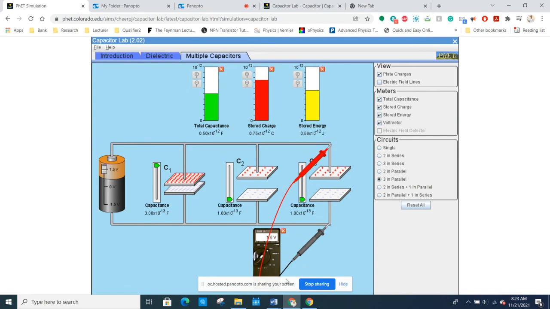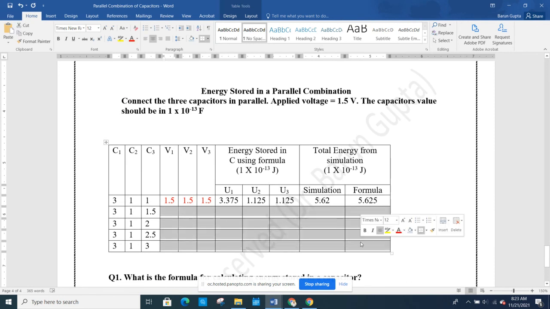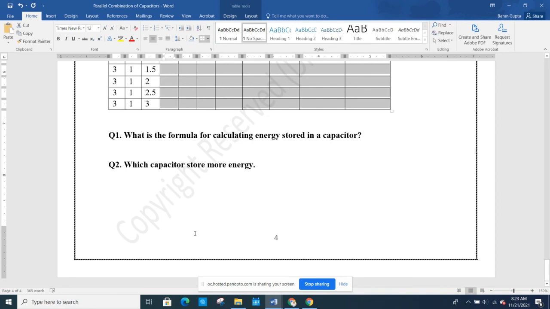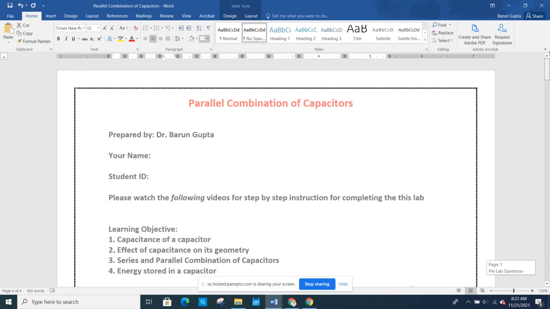Okay, and exactly the same way you can fill all the other tables here. So this is it, and answer all these questions here. So this is it for completing the parallel combination capacitor lab. If you have any other question, let me know. Thank you and have a wonderful time. Bye bye.